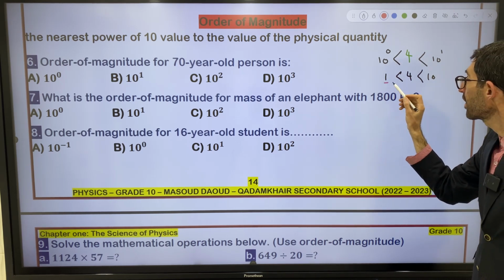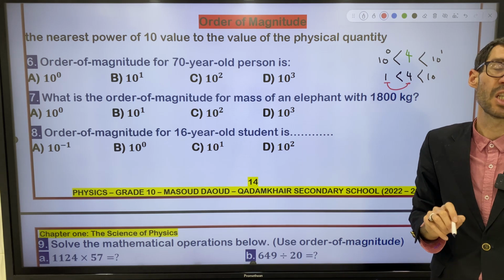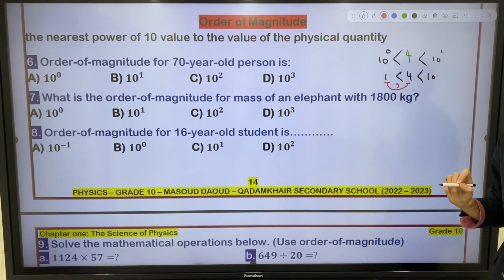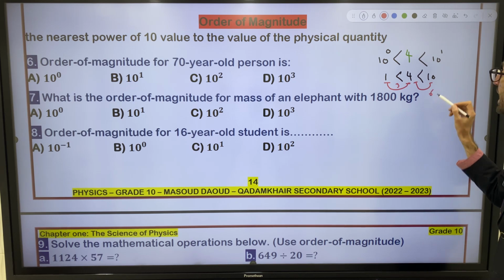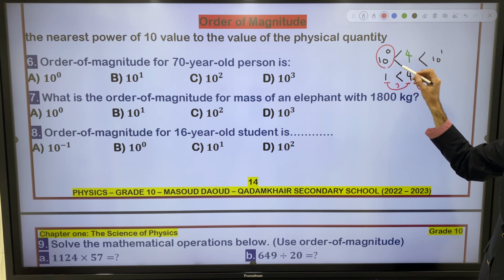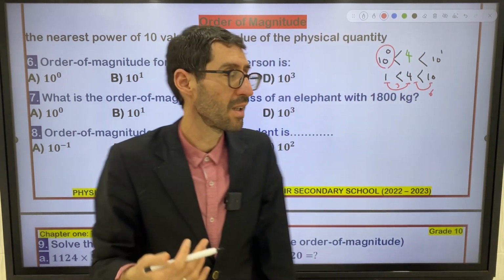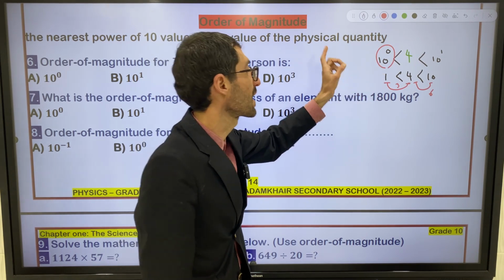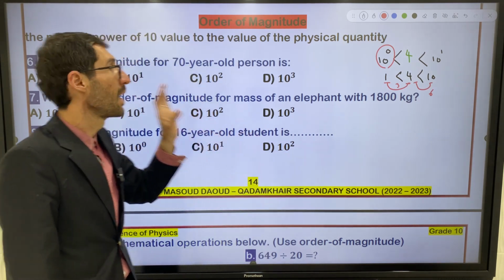Between 1 and 4, we have only 3 integer numbers. But between 4 and 10, we have 6 integer numbers. That's why this power is closest to 4, right? So the order of magnitude of 4 becomes 10 to the power 0, not 10 to the power 1, right?